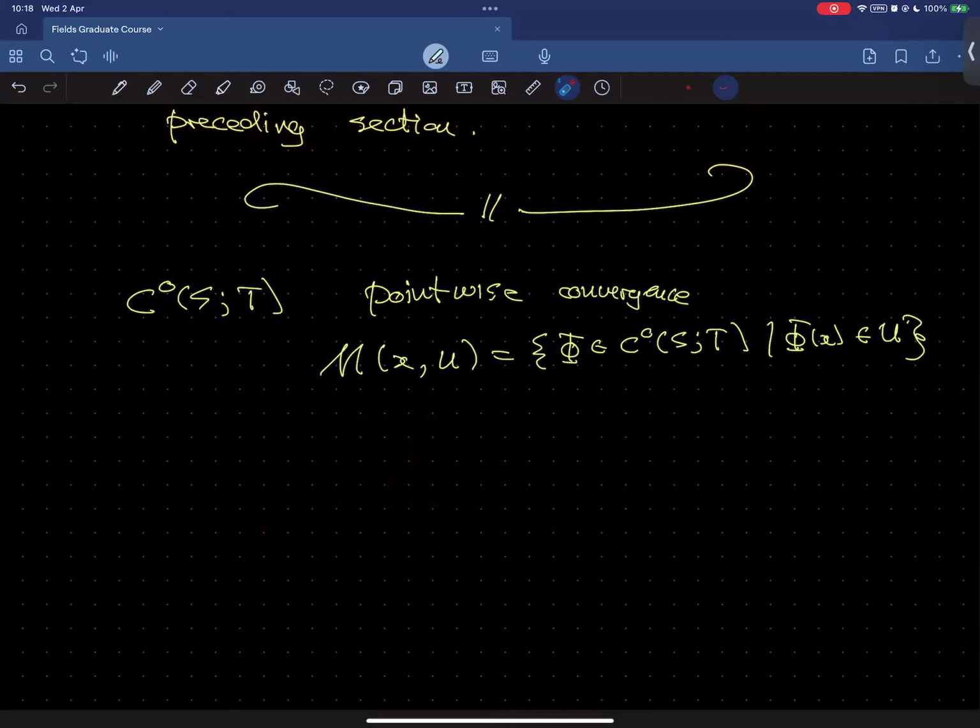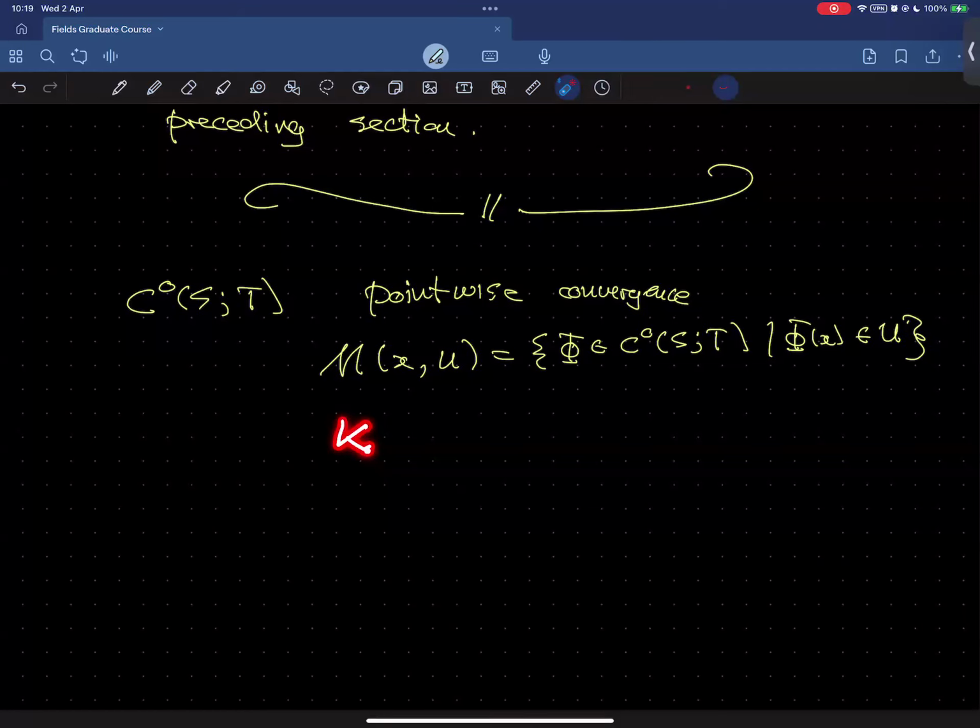Now, the compact open topology is sort of the next in line because we replace the points X with compact sets K. Compact sets are not that far removed from being points. For example, every compact set is a finite union of neighborhoods of some finite collection of points.